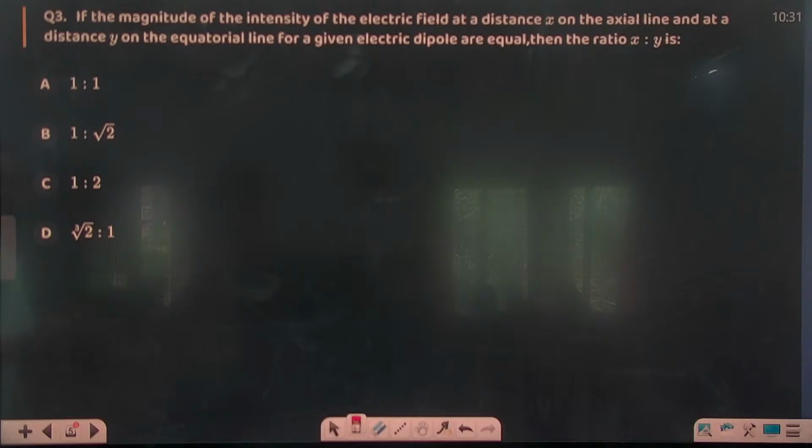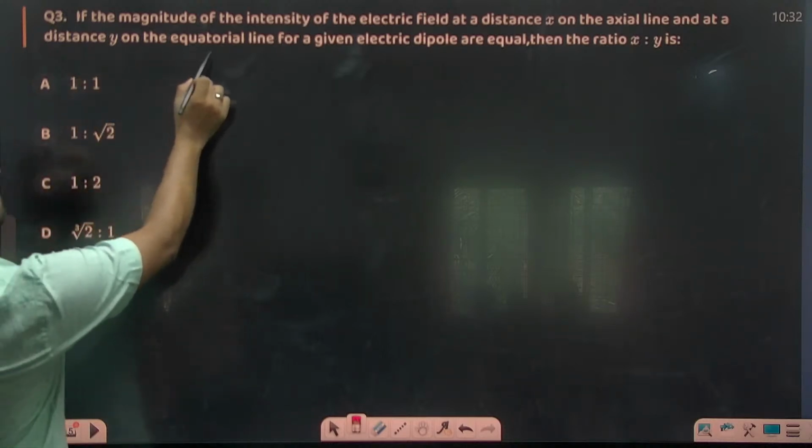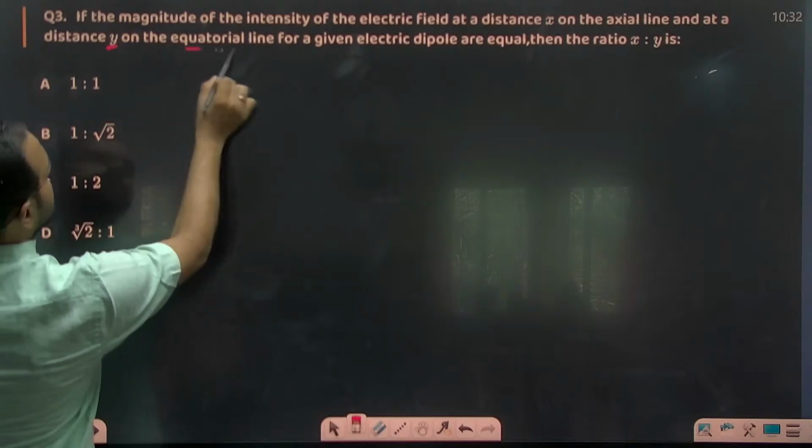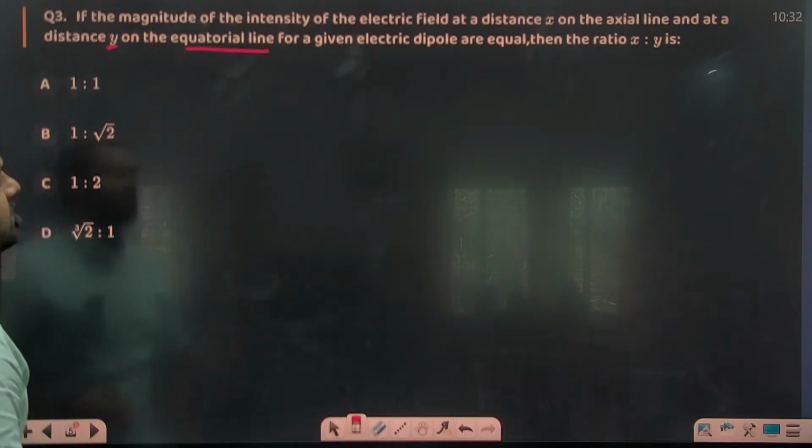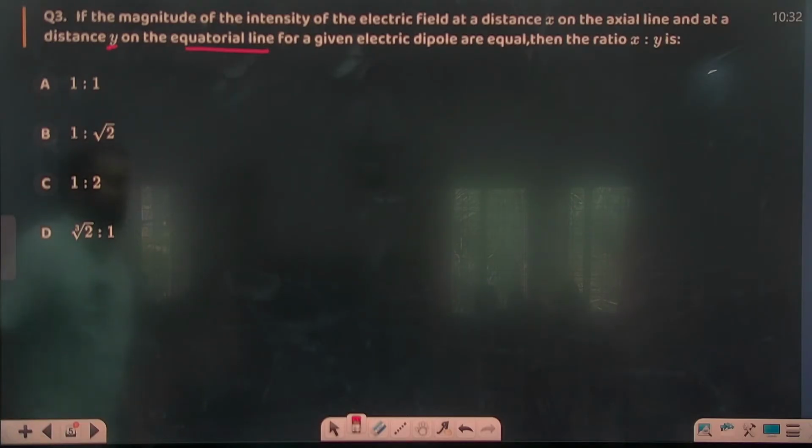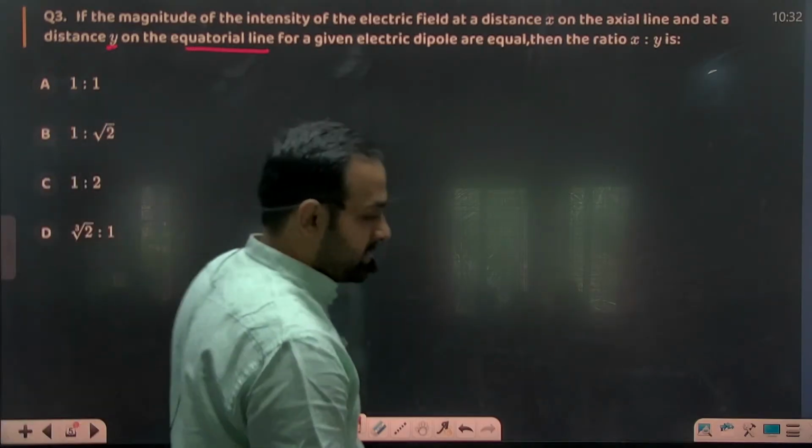The magnitude of the intensity of the electric field at a distance x on the axial line and at a distance y on the equatorial line, for a given electric dipole, are equal. The ratio of x is to y is. Okay, let us try this.